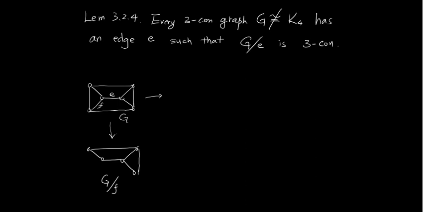The 2 endpoints of F will merge together, and suddenly it seems this structure is not so good, and particularly this is no more 3-connected, even though G itself is 3-connected.